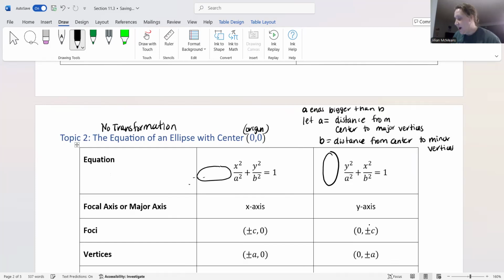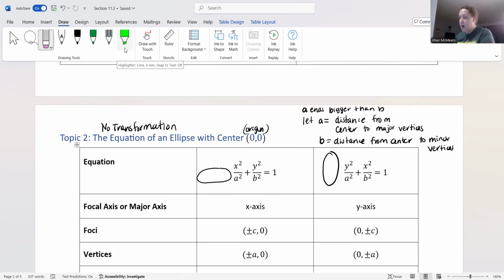So is our major axis some kind of horizontal value, or is our major axis some kind of vertical situation? We do have to be really careful about understanding that A has to be the bigger of the two, and depending on what A is underneath tells us what our axis is. Is the major axis the horizontal or is the major axis the vertical?